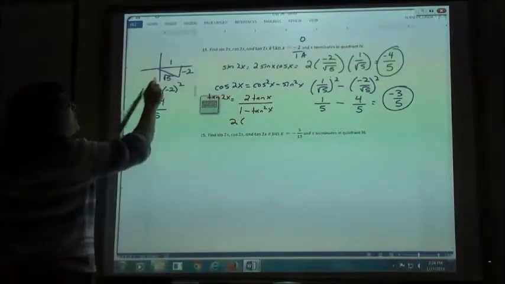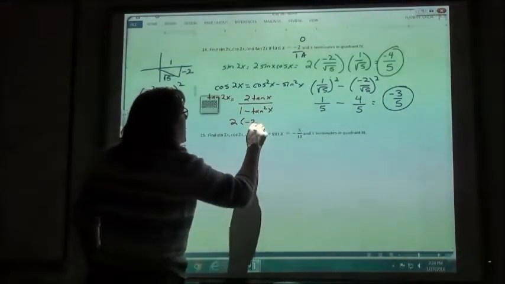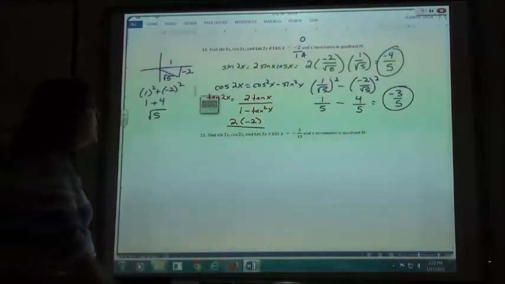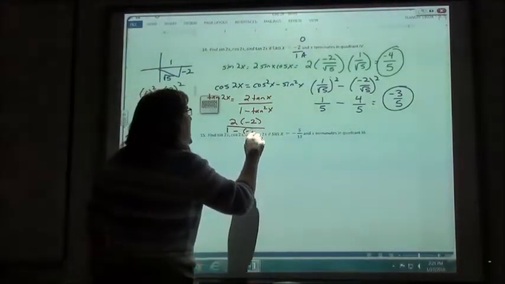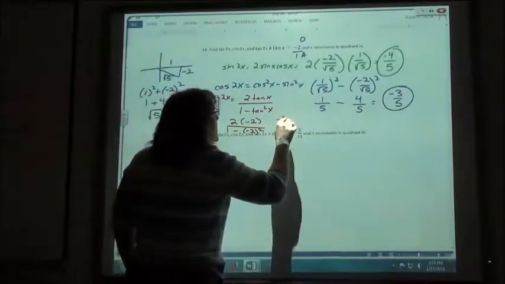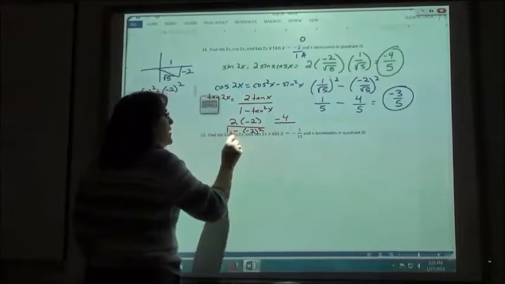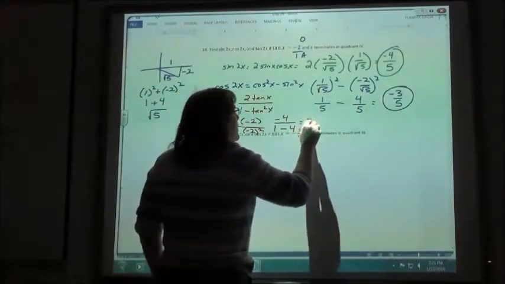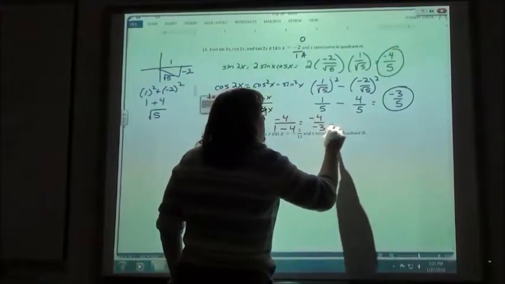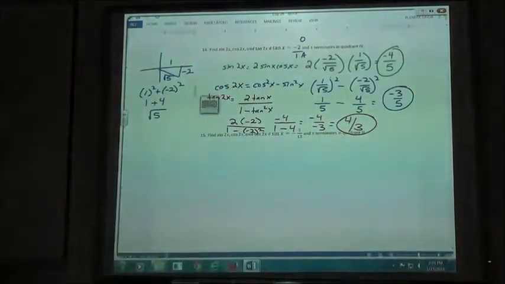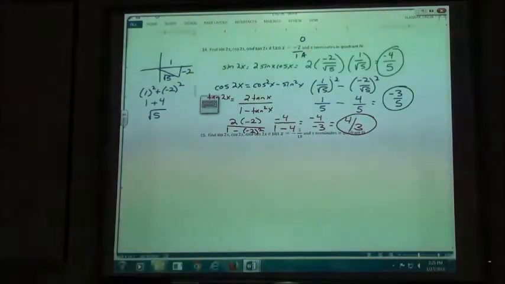The tangent was negative 2 over 1, which is just negative 2. And 1 minus the tangent squared. So 2 times negative 2 would be negative 4. This is going to give me 1 minus a negative 2 squared is 4. So I get negative 4 over negative 3, which is a positive 4/3 for my tangent of 2x.